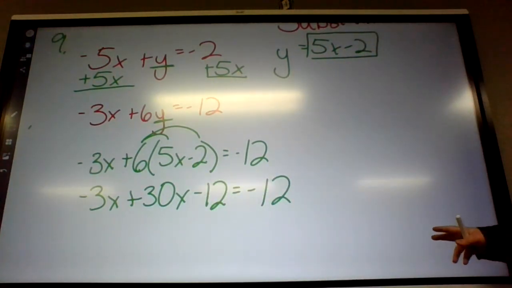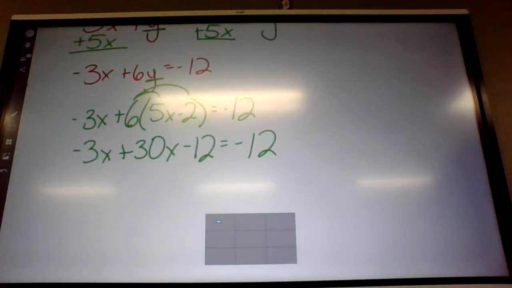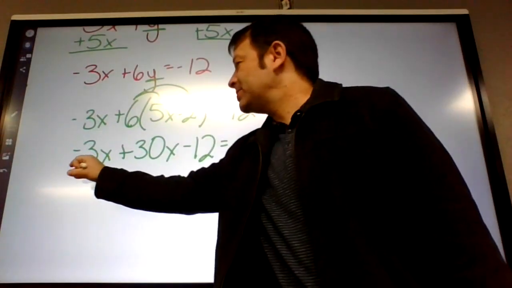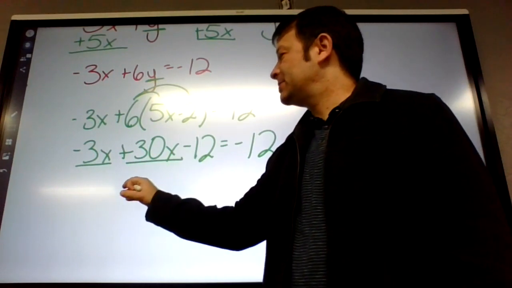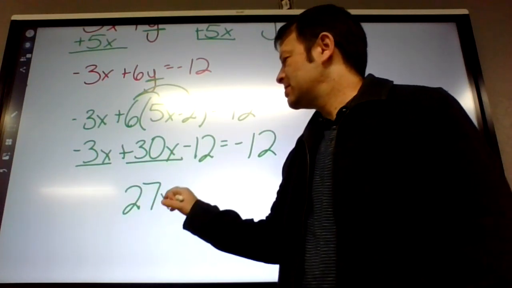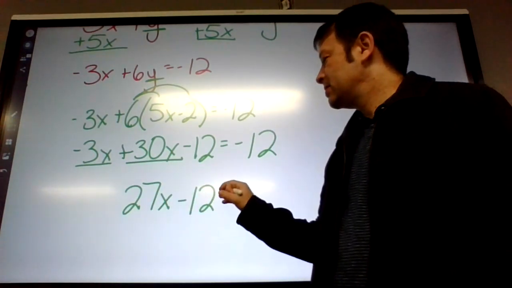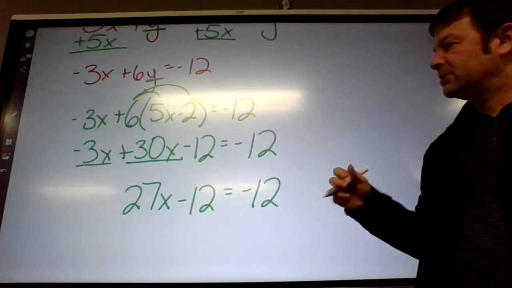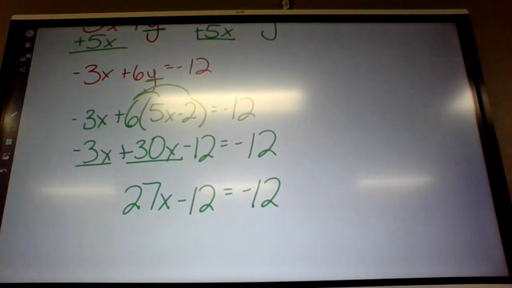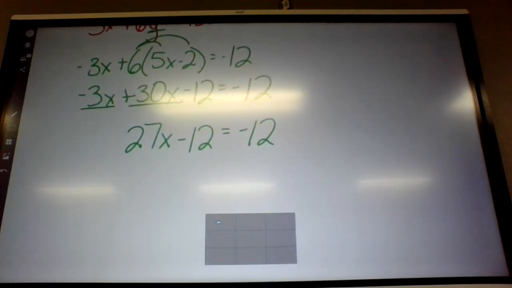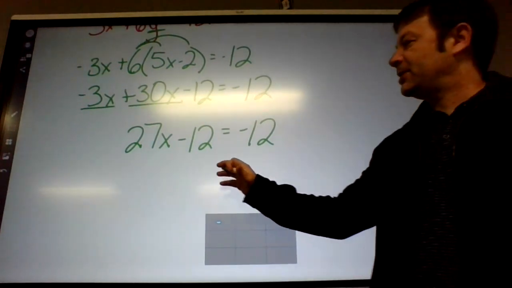Alright, what do you guys think we should do now? Minus 3x plus 30x. Minus 3x plus 30x is 27x. Okay, we're getting close. It's kind of down to a basic problem, isn't it? So how do I solve for x? How do I get x by itself?